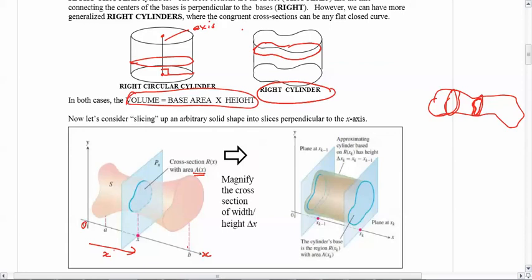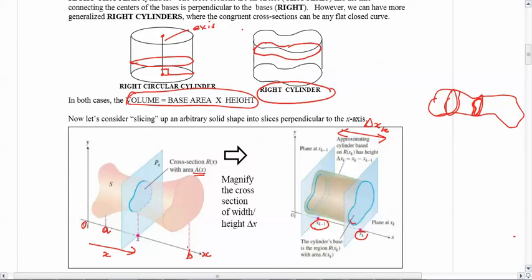So here's my dog bone. The ends of the dog bone are at x equals a and x equals b. And I've created this slice, which I've magnified to show that I've created a right cylinder. And the notation is I've sandwiched it between x sub k minus 1 and x sub k, and the thickness is going to be delta x sub k, so that's like the height of my cylinder.